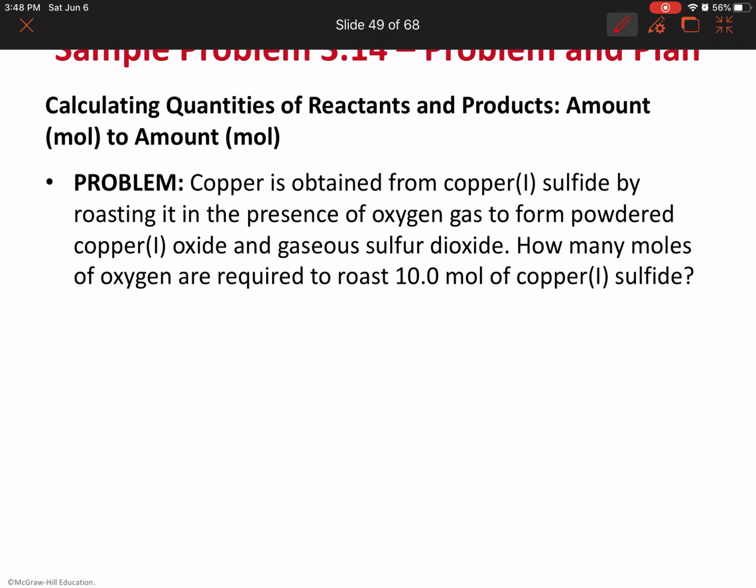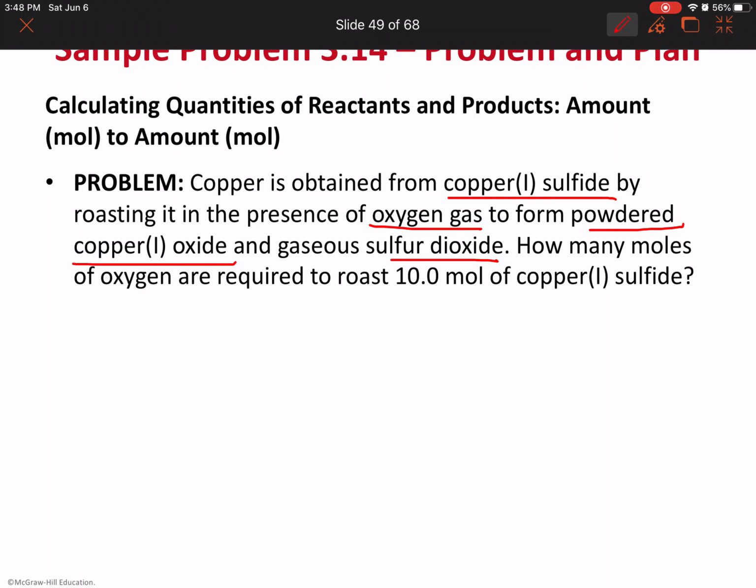Now in this case, what are our reactants? Reactants are going to be copper 1 sulfide and oxygen gas. What are the products? Products are going to be powdered copper 1 oxide and sulfur dioxide.